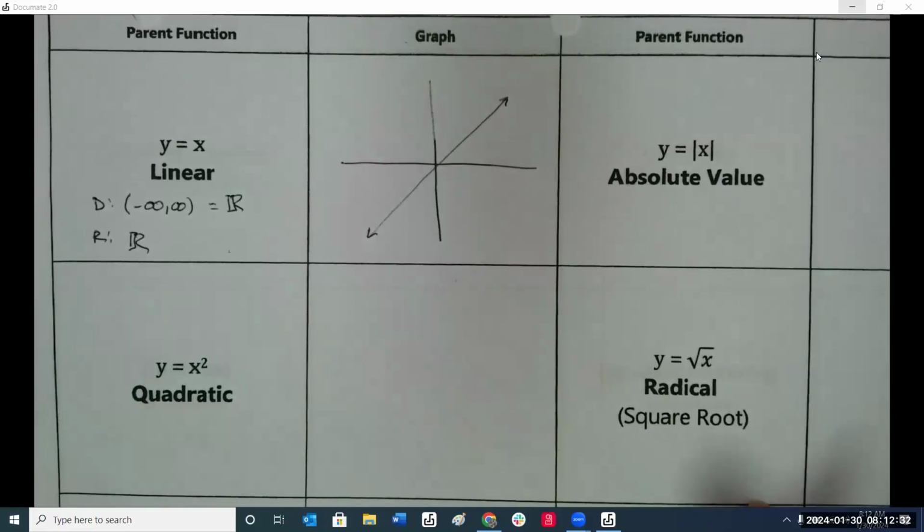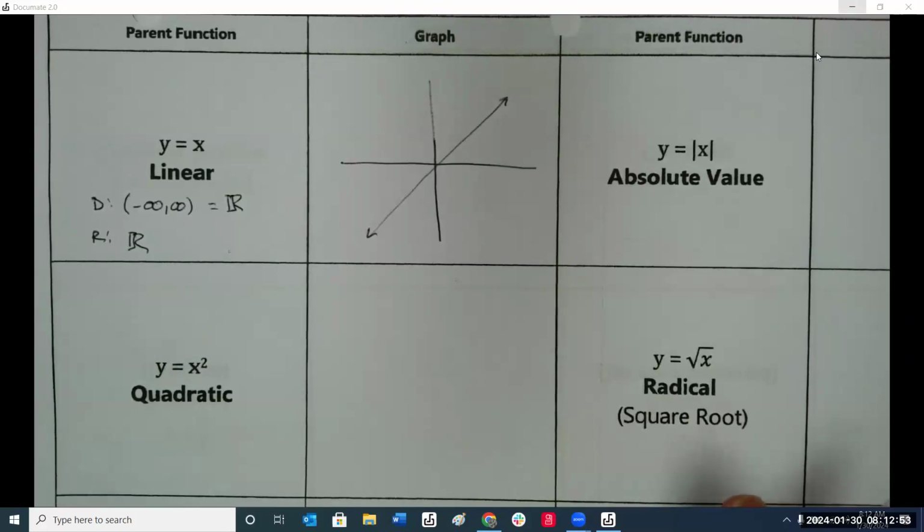So, does it have an asymptote? What is an asymptote? Where? Right.